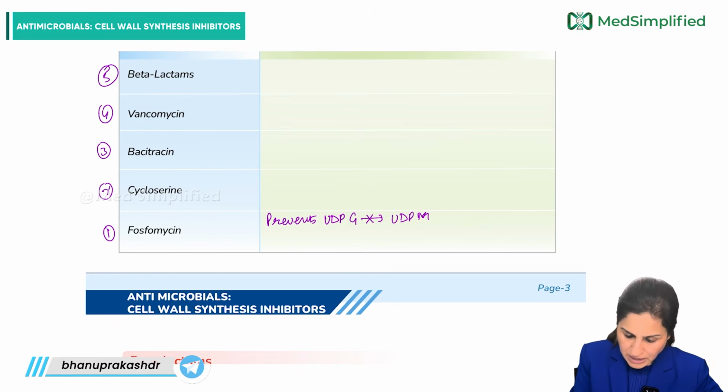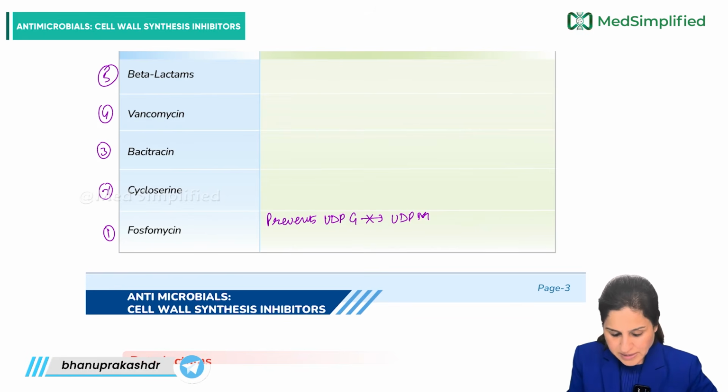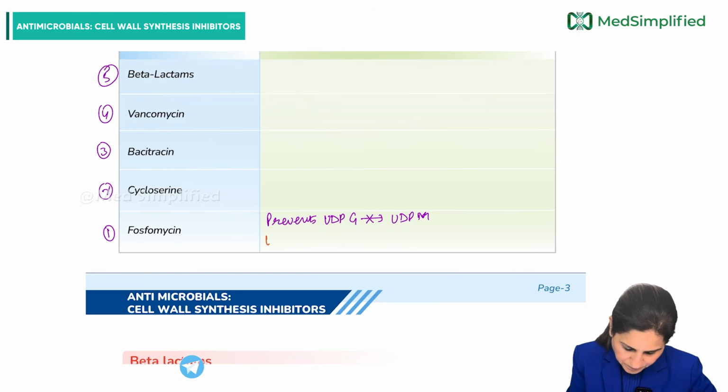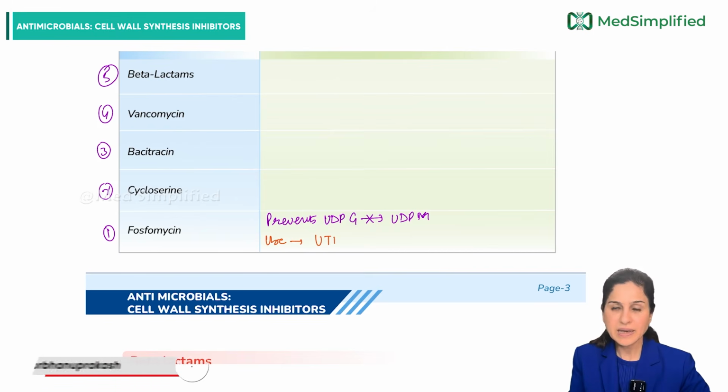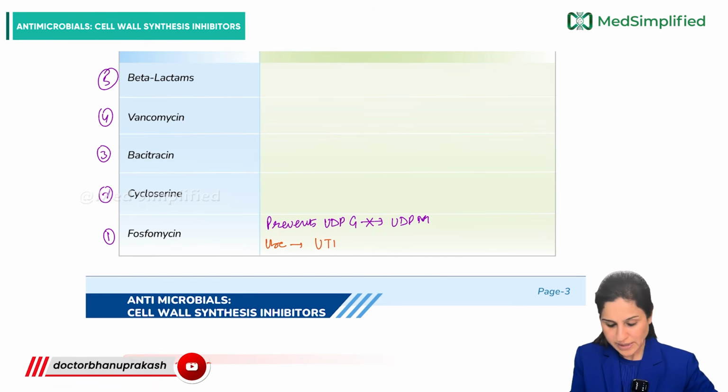Use of fosfomycin currently is just for urinary tract infection, a single-dose UTI treatment. That is the only use of fosfomycin.